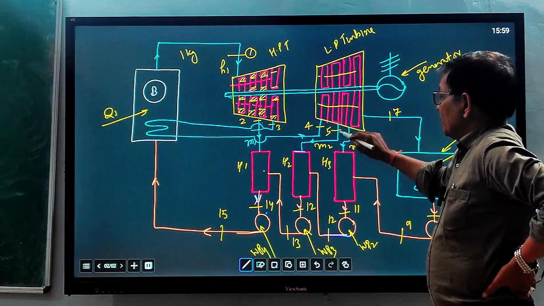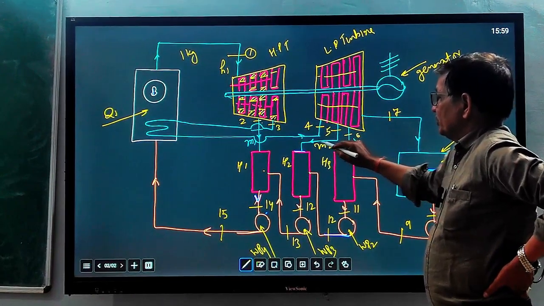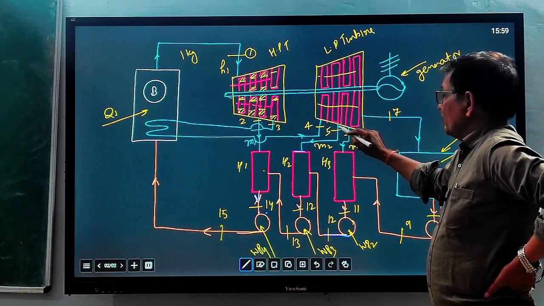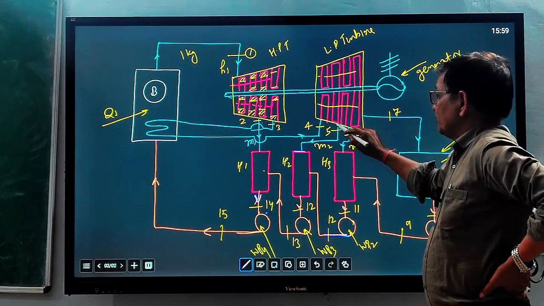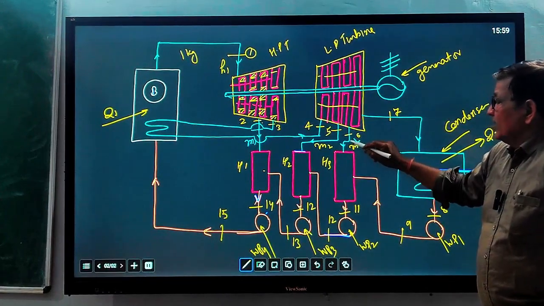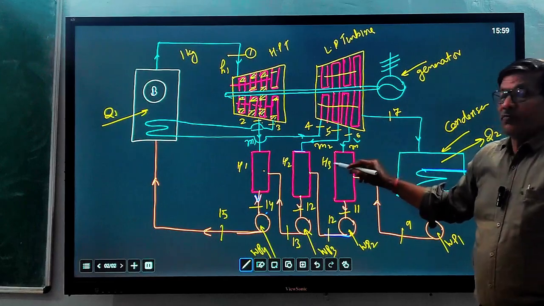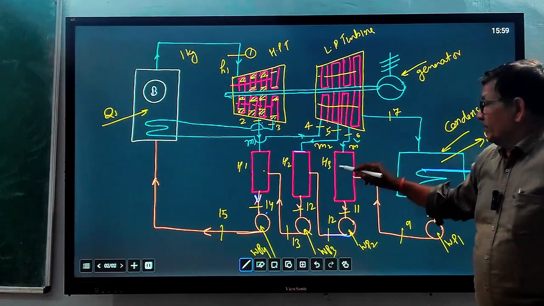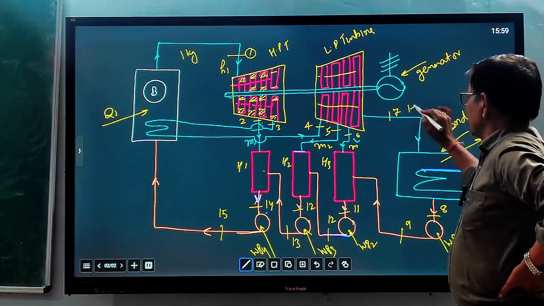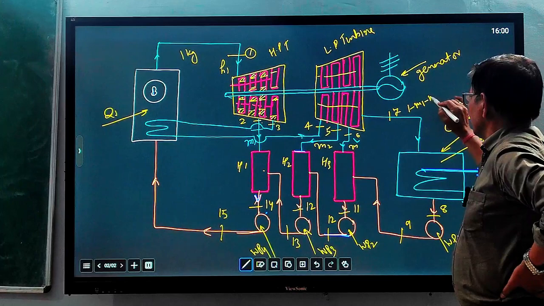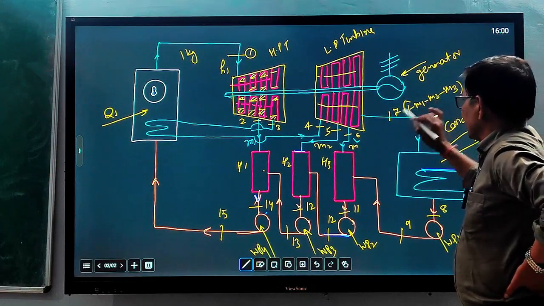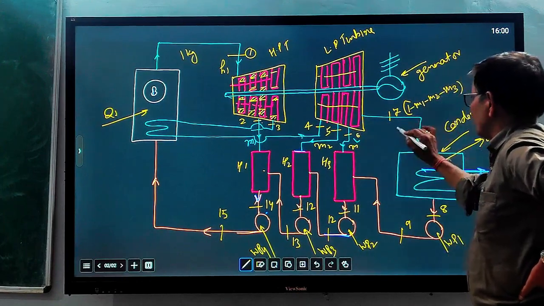At state 5, m2 quantity of steam is bled to heater 2. The remaining, 1 minus m1 minus m2, will expand from state 5 to state 6. At state 6, m3 quantity of steam is again taken for feedwater heater 3, and the remaining quantity, 1 minus m1 minus m2 minus m3, will expand from state 6 to state 7, going to the condenser.